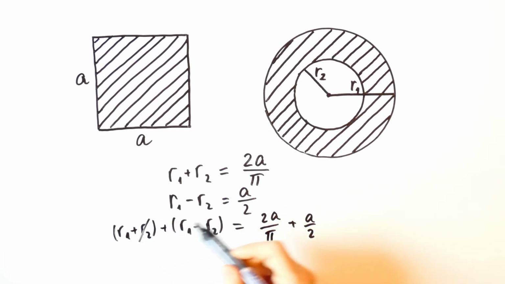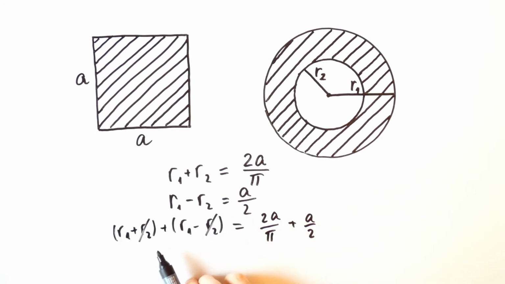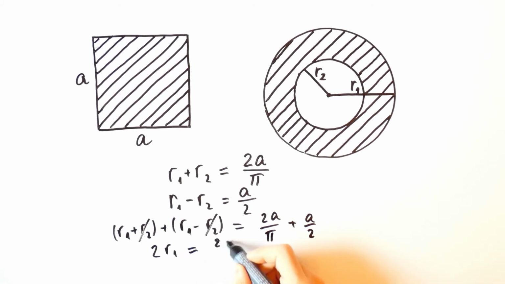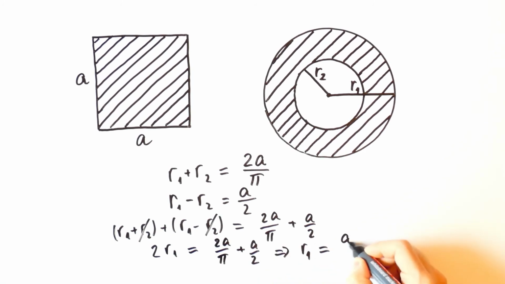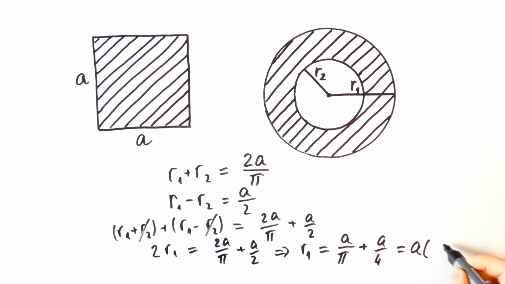Here r2 and r2 cancel out, and we get that 2 times r1 is equal to 2a over pi plus a over 2, which means that r1 is equal to a over pi plus a over 4, which is equal to a times 1 over pi plus 1 over 4. This means that we found the outer radius.